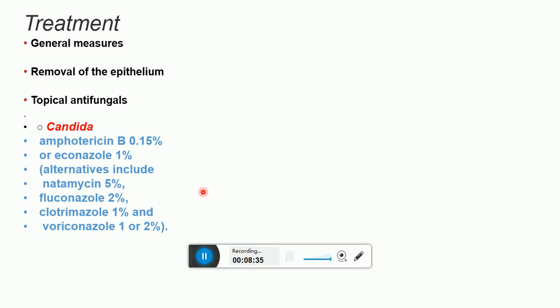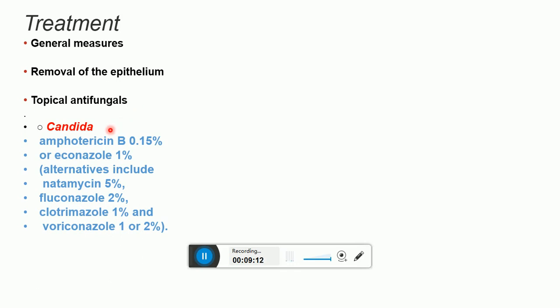Causative organisms cannot be defined reliably from the morphological appearance of the ulcer, so empirical broad spectrum treatment is usually initiated. Removal of epithelium over the lesion may enhance penetration of antifungal agents. It may be helpful to regularly remove mucus and necrotic tissue with a spatula. Topical antifungals should initially be given hourly for 48 hours and then reduced as signs permit.